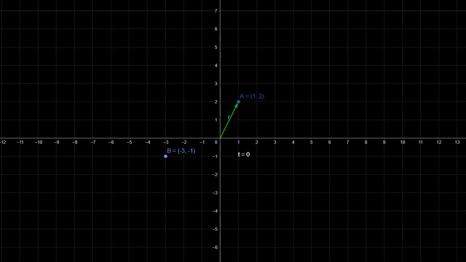Let's look at it from t going from 0 to 1, and as you can see, what the vector r is doing is pointing along the line that goes from A to B.